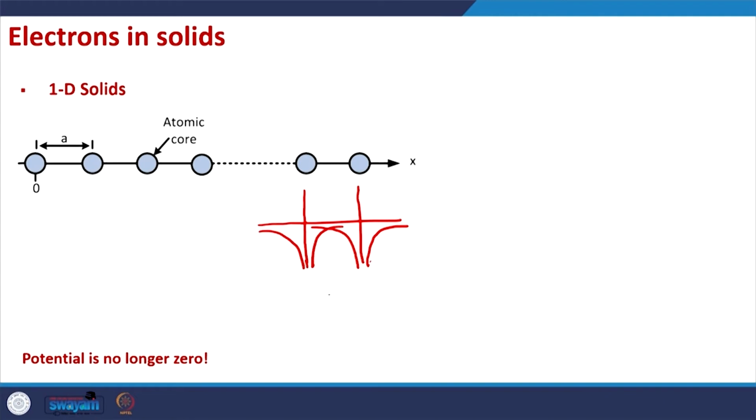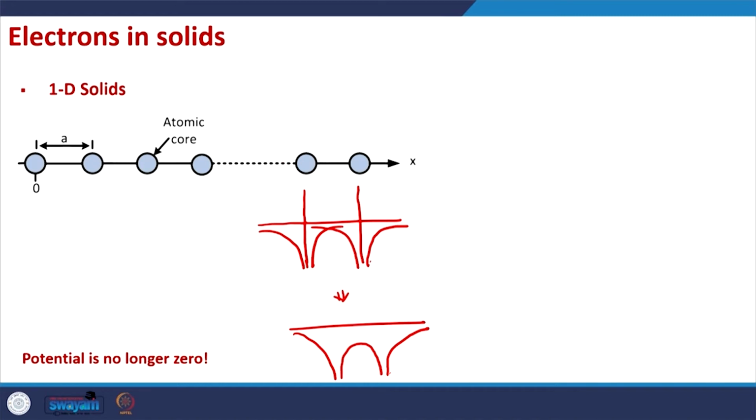So, the resultant potential energy from these two atomic cores will be something like this. So, this is the resultant potential energy of the electron in the presence of two atomic cores.